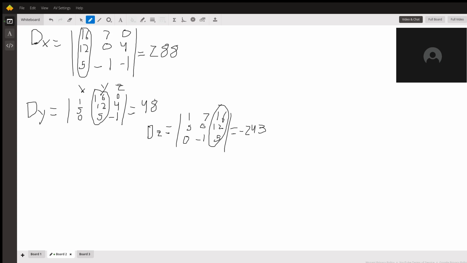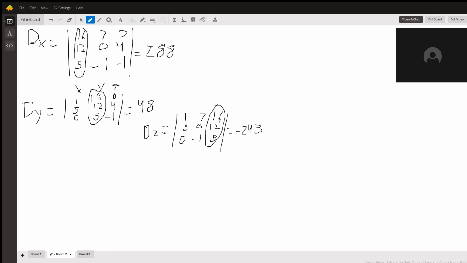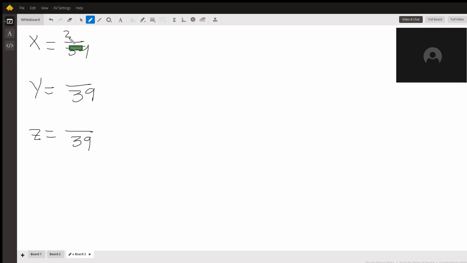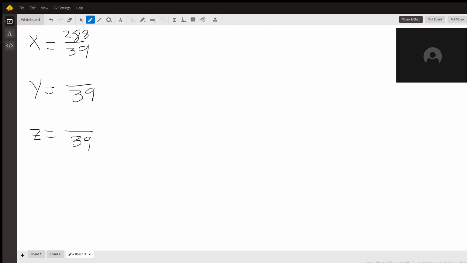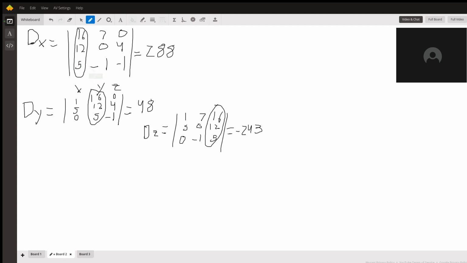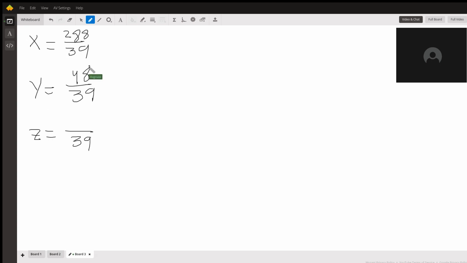It's just a matter of copying it. They all have a denominator of 39. So d of x was 288. d of y was 48. And d of z was -243.